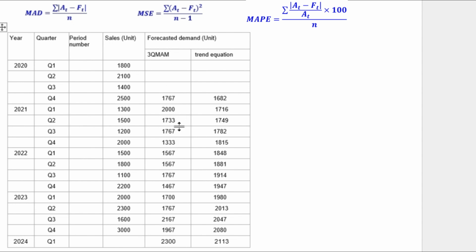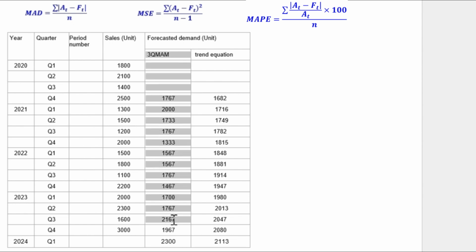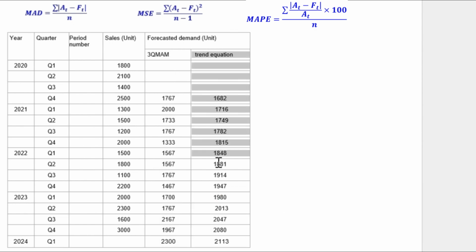The two forecast demand methods used are the 3-quarter moving average method, these values, and the trend equation, these values. How to calculate the demand forecast using these two methods was explained in previous two videos. If you need to watch them, the link is in the description of this video.